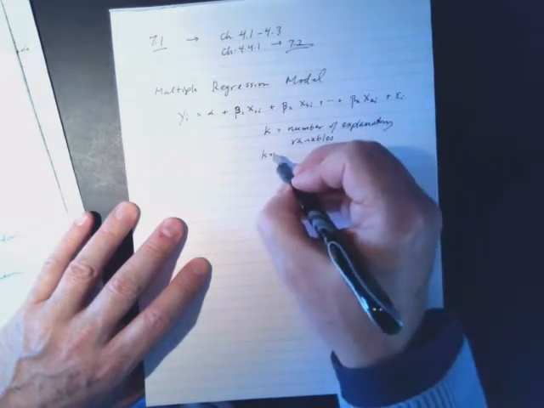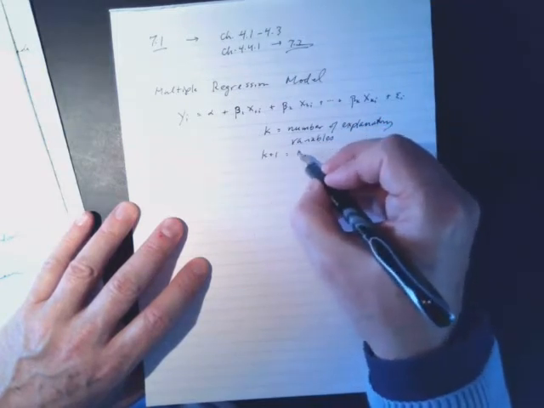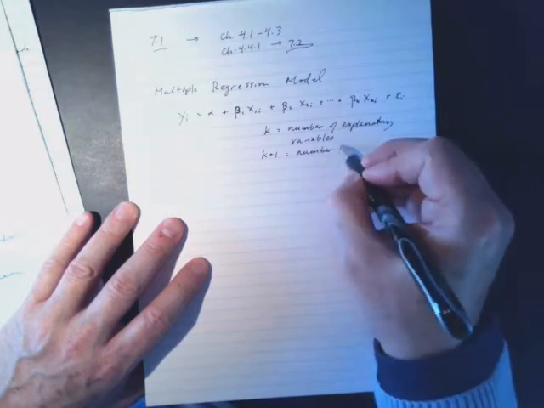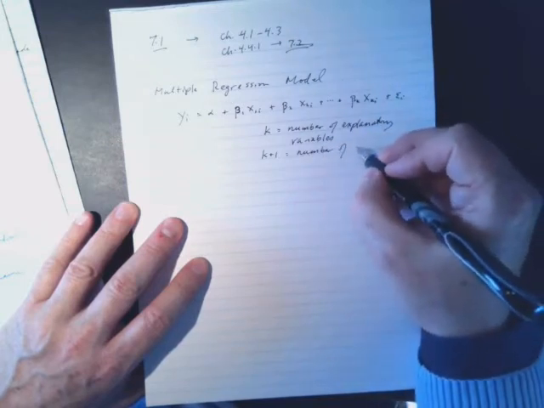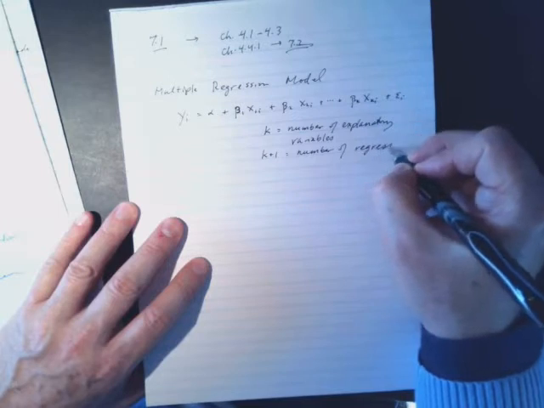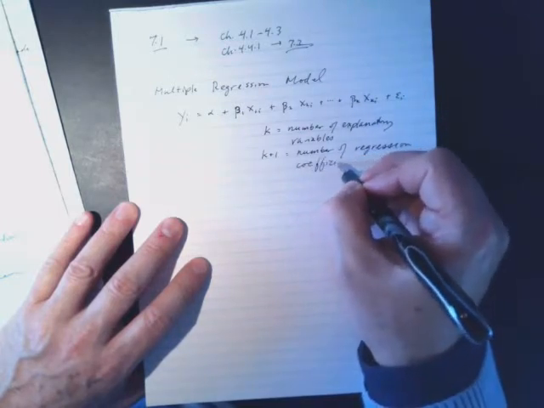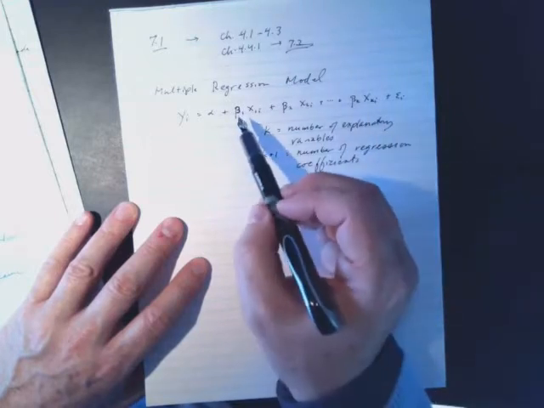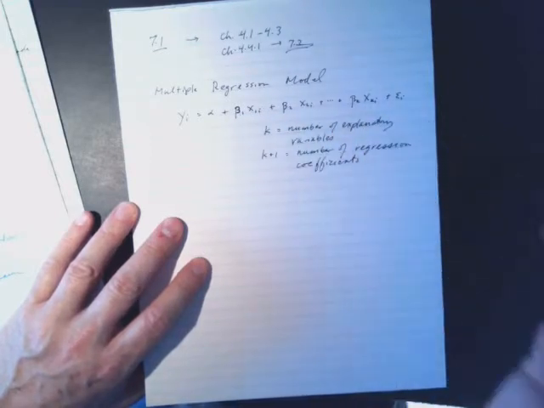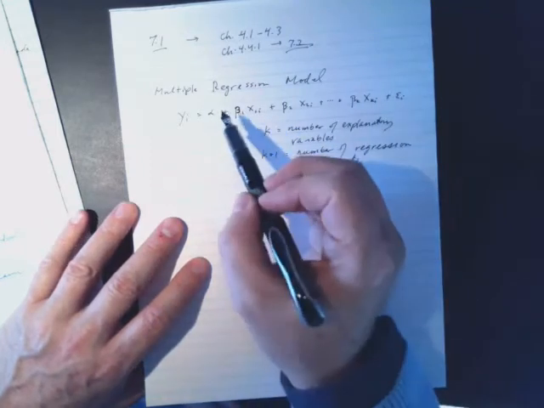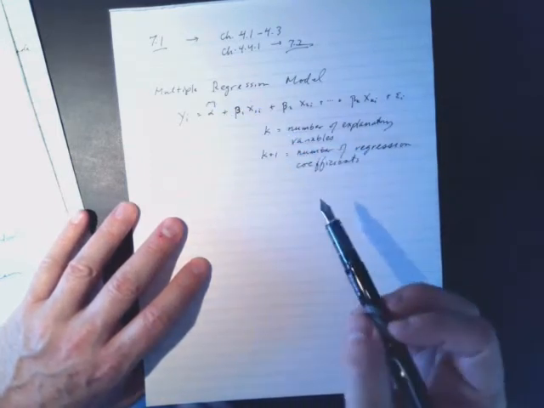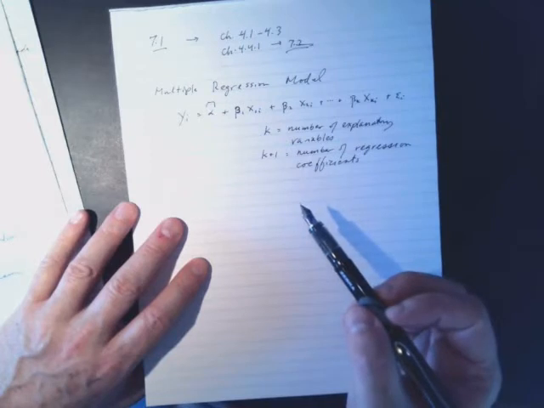And so that means k plus 1 is the number of regression coefficients, because you have the k slope coefficients, the betas, and then you've got the intercept term alpha.